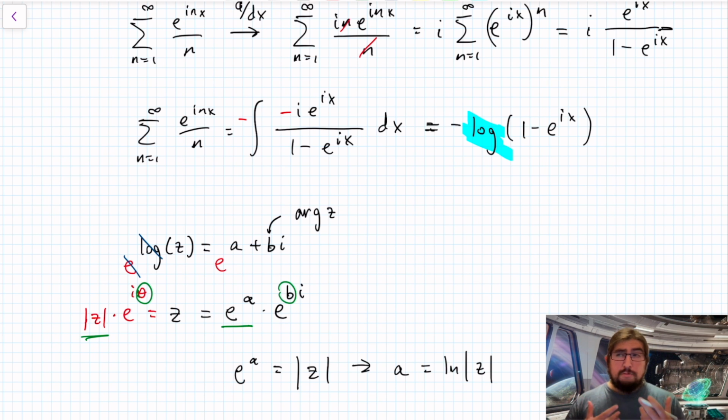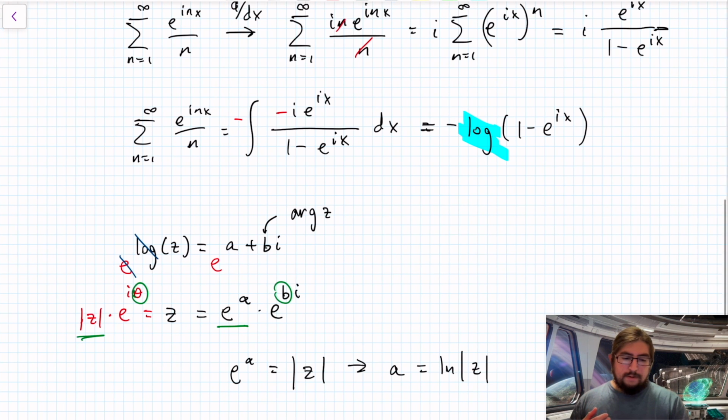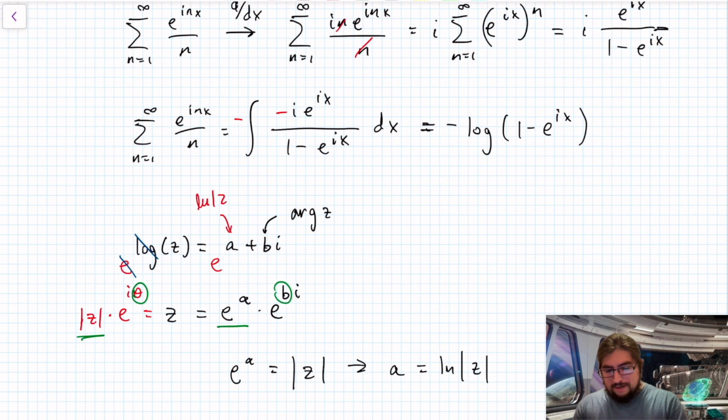To distinguish between the two, we write ln for log base e when the input is a real number, and log for logarithm base e when the input is a complex number. I know you've probably seen log for log base 10, but in the context of complex numbers, that's what's done. Okay. Hope that made sense. That was a nice little discussion. So a, in fact, is ln of the absolute value of z.